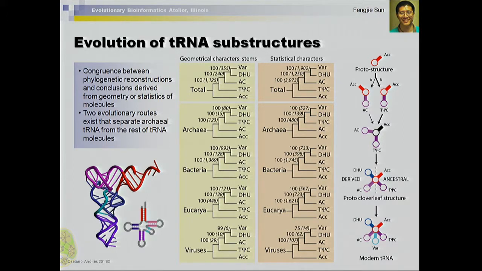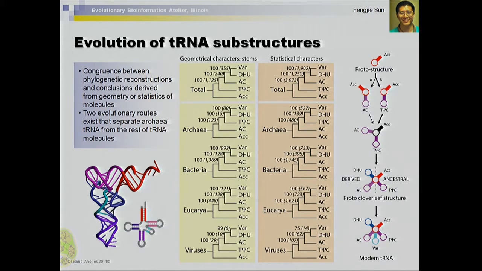So the tree basically describes a flow diagram of this kind, where you show the protostructure, a build-up of the individual components as they are being added in evolution to the molecule, forming first an ancestral half and then a derived half of that molecule.